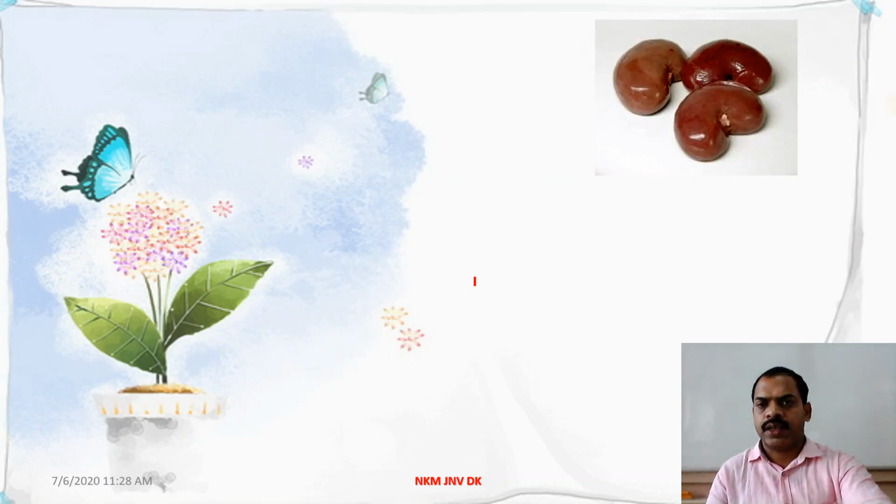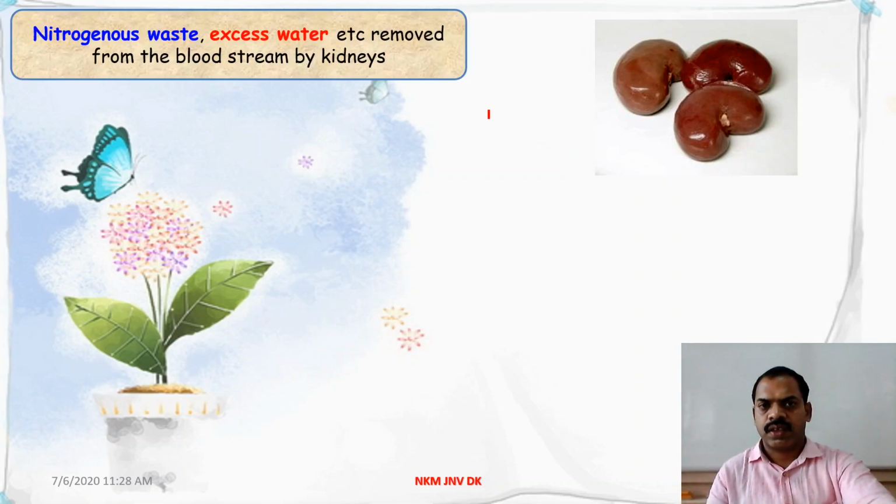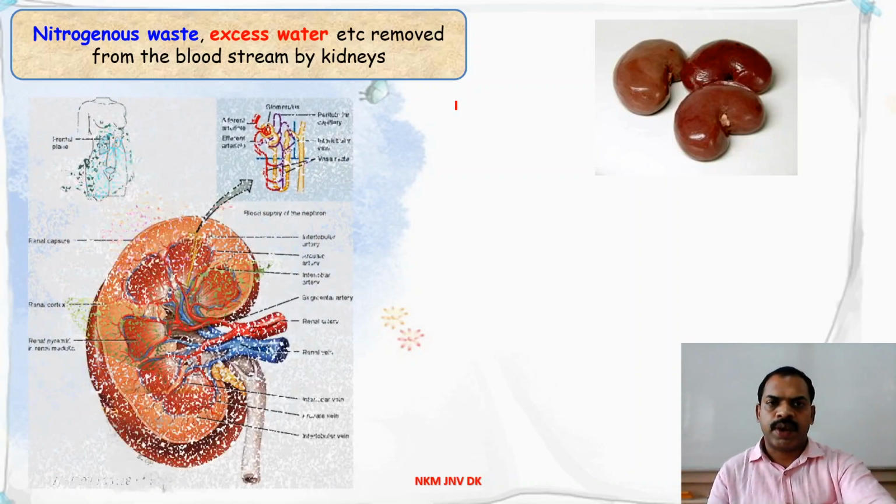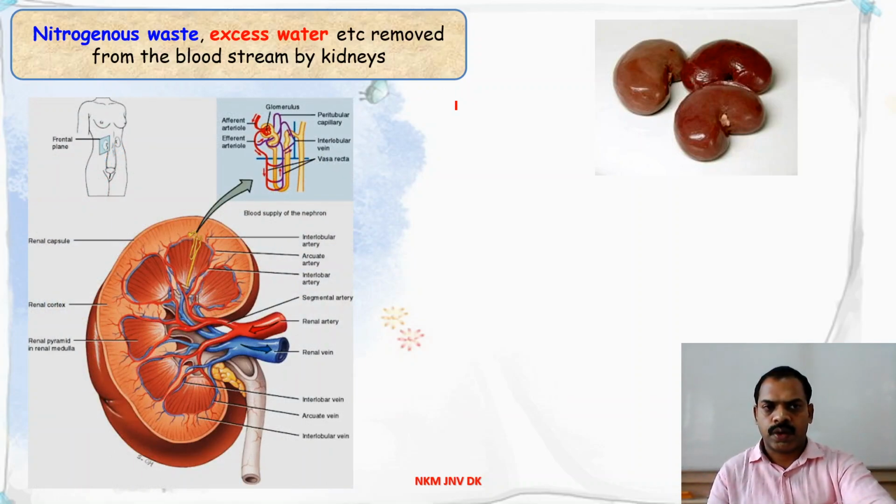Now the human kidney appears like a bean. What are the kidney structures? Their main function is to remove nitrogenous waste and excess water. I told you already, they remove it from the bloodstream. Here you can see the cross section of the human kidney.